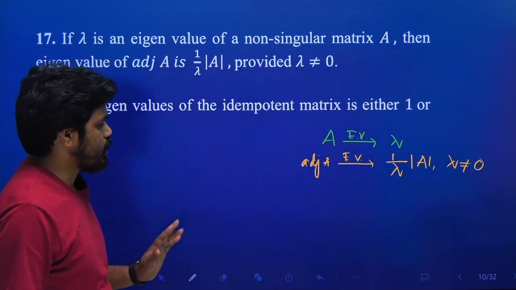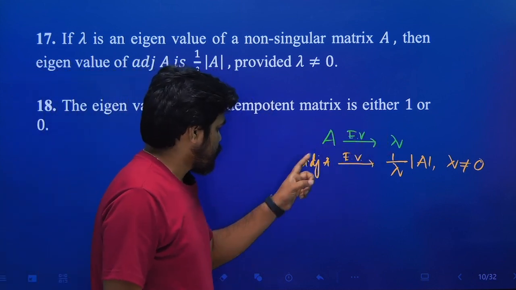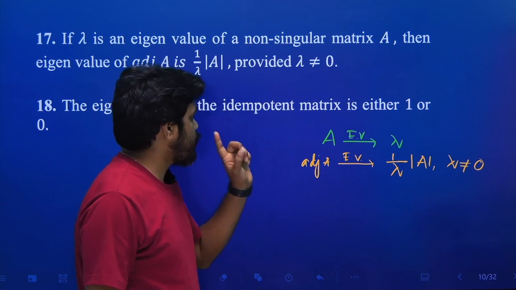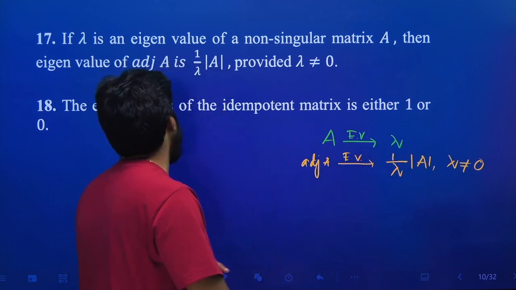It is very important. If lambda is an eigenvalue of a matrix A, then the eigenvalues of adjoint A, adjoint A এর eigenvalue কি হবে? 1 by lambda into determinant A.